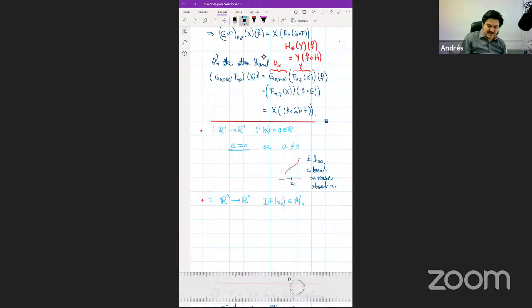So this is an n times n matrix. And now, the way that you move is not if the Jacobian is the zero matrix or is not the zero matrix. What is the right statement of this in this context?